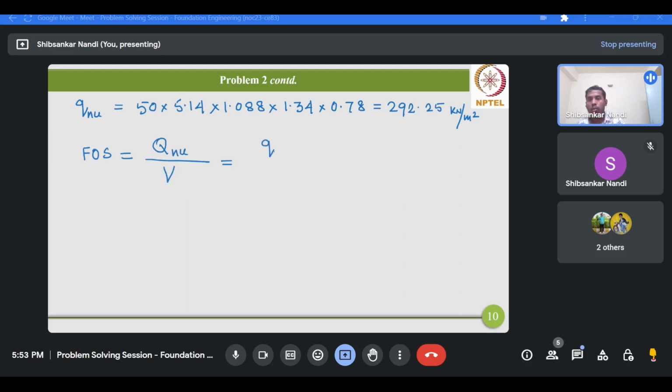Capital QNU is small QNU multiplied by the modified area B prime multiplied by L divided by the capital P. Now QNU is 290.92, B prime is 0.88, L is 2, and the vertical load is 50 kilonewton. So 6.43.